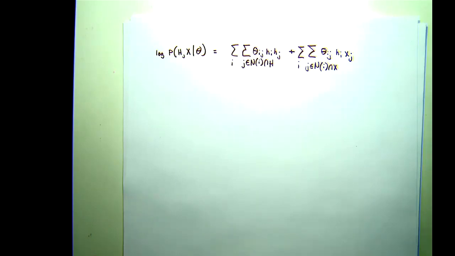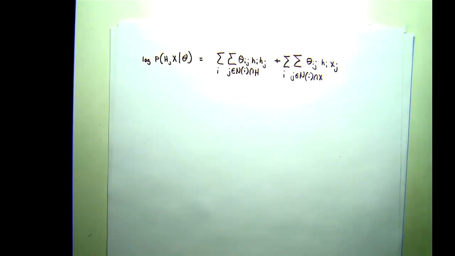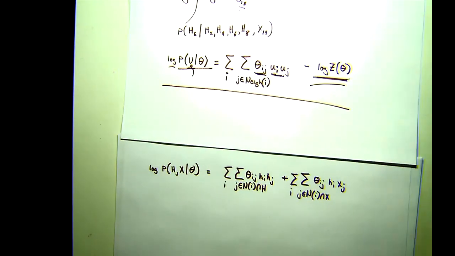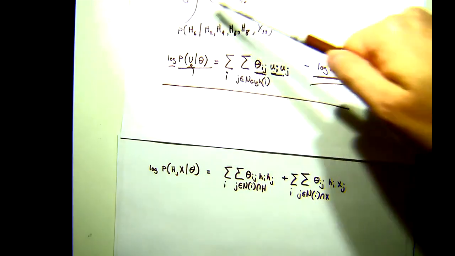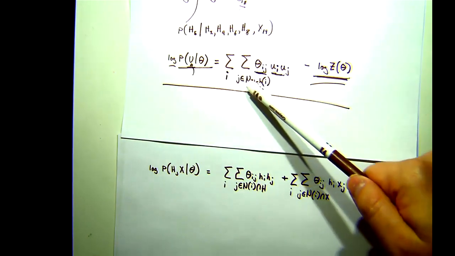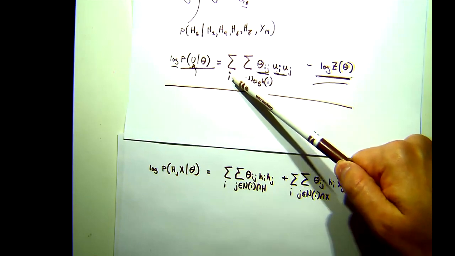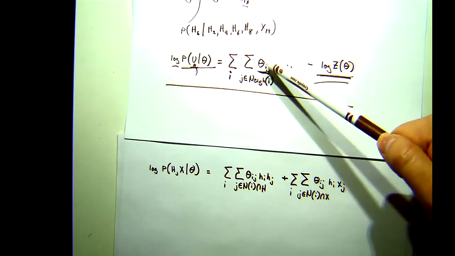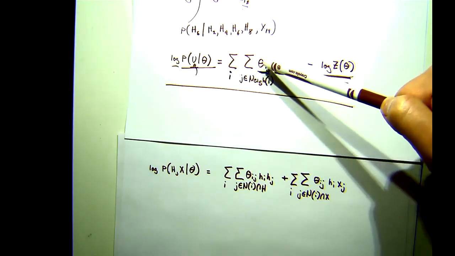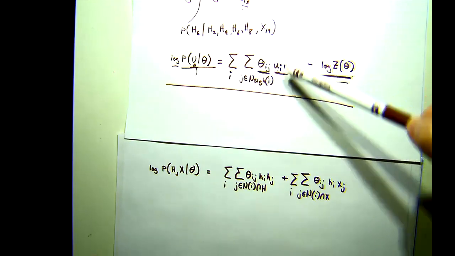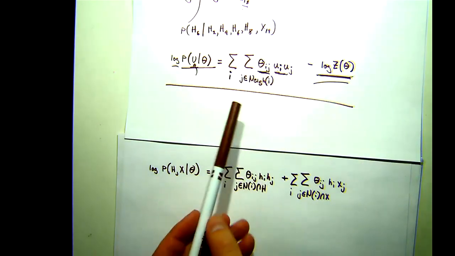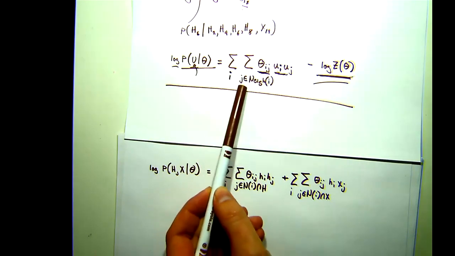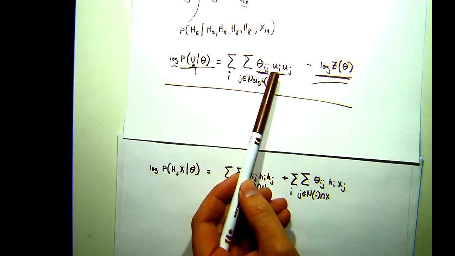And basically what this is saying is I've just relabeled some of the variables and separated things out. Whereas in this one I was saying, let me go through all of the indices, and then for each index, let me consider all of its neighbors, and then I'll take the theta for the value times its neighbor. Not saying this well. So for any given i and all of its neighbors, I take theta ij of ui times uj.